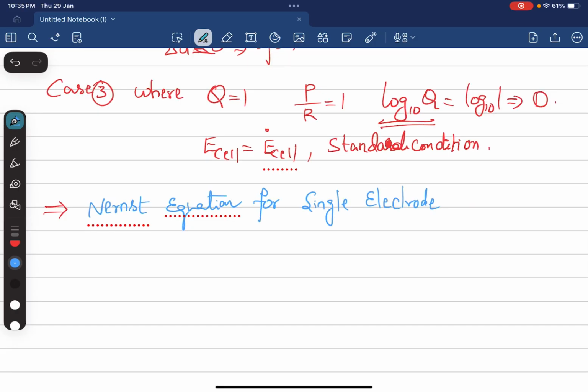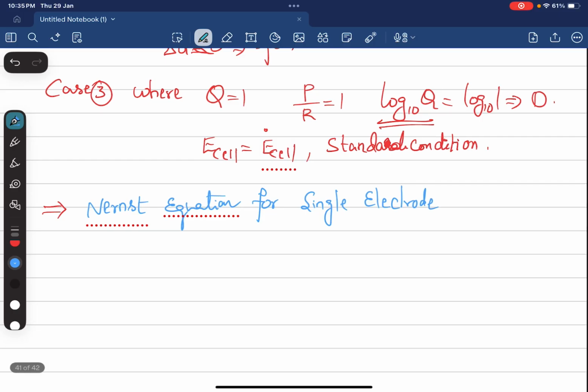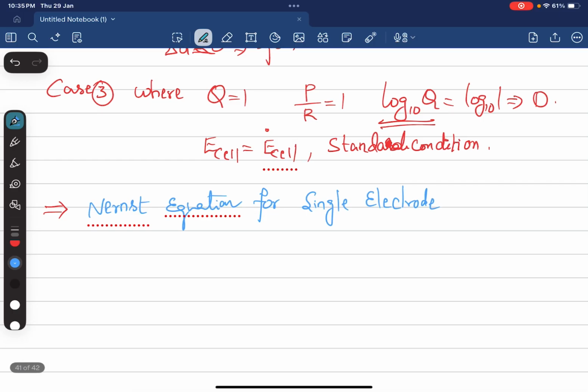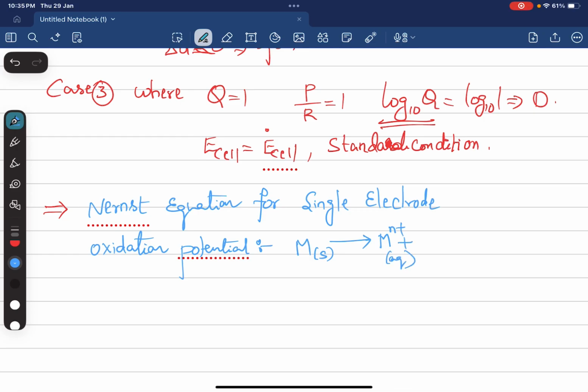So the reaction is oxidation potential. M solid is converted into M n+ ion in aqueous state plus n number of electrons, because n+ we have written.